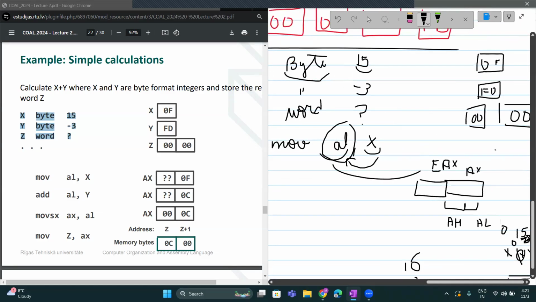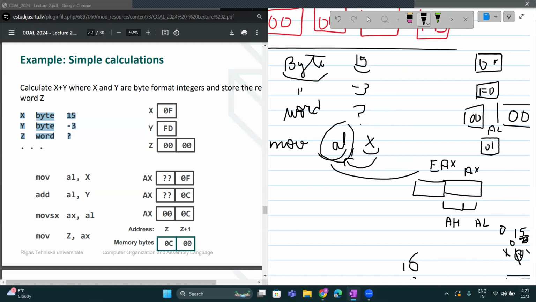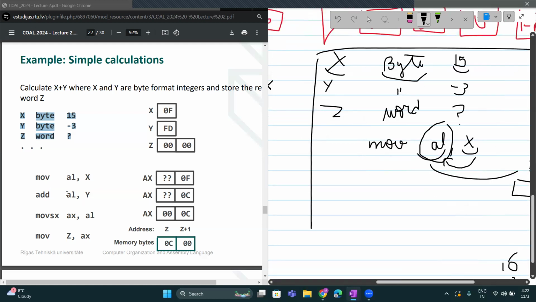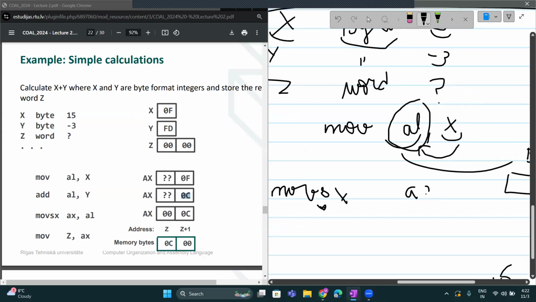So we will have AL here, and AL will be 0F. And add AL, Y. If we add the Y value, -3, to 15, you can see what happens to AL: F minus 3 will be 12, which is C. And then we are moving with sign extend AX, AL.